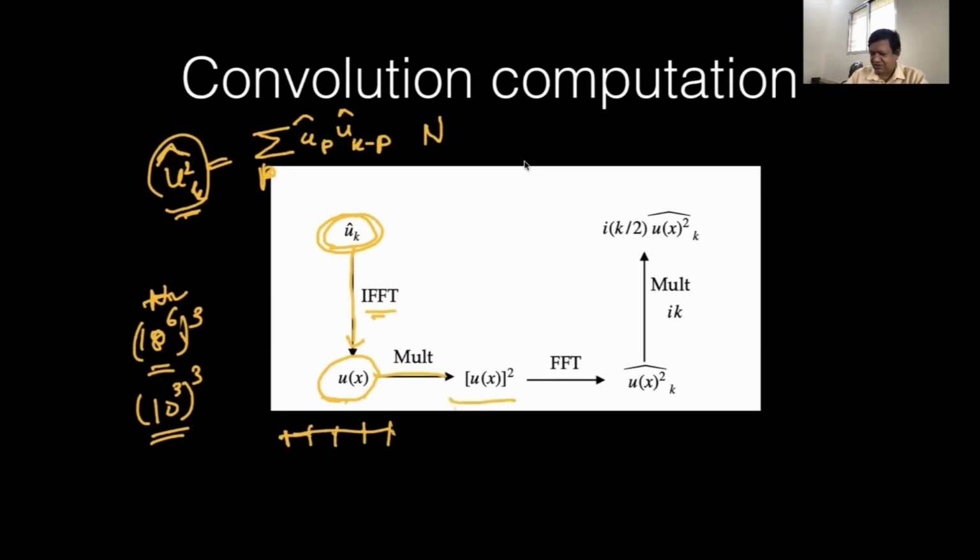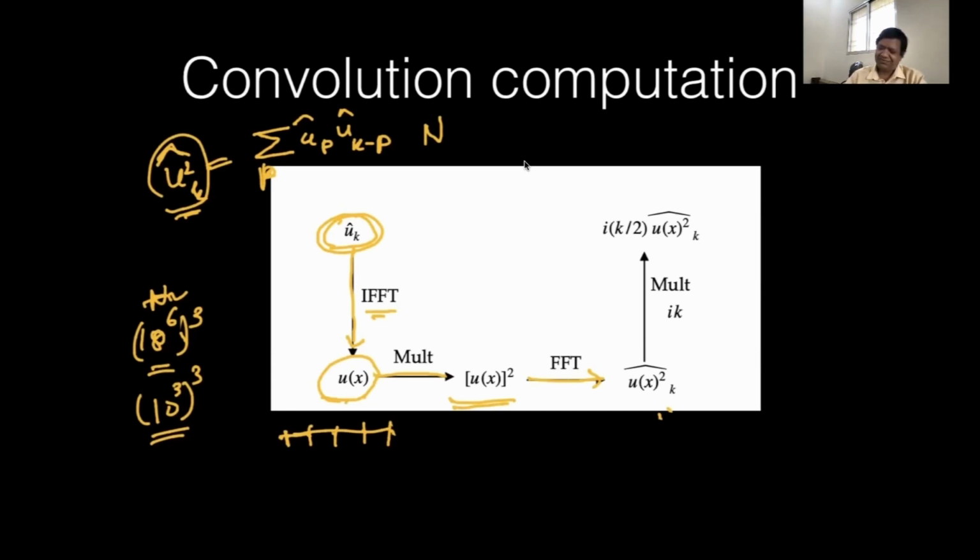That gives us u(x) squared at each point. Now I can do the fast Fourier transform, and that gives us u squared k. So from here to there, I get u squared in Fourier space.